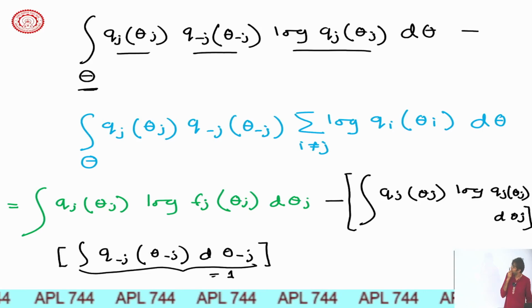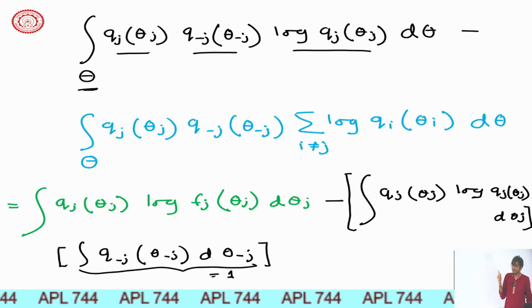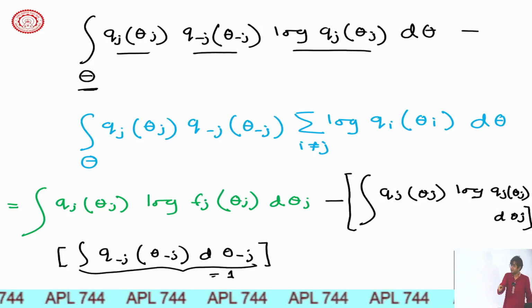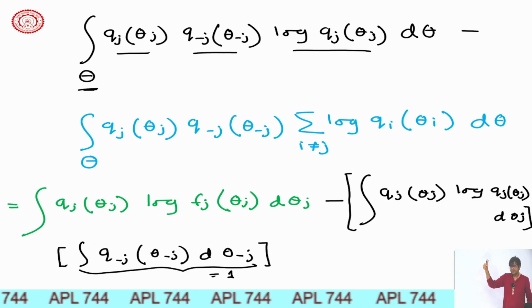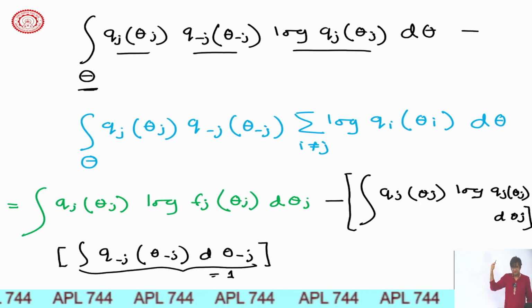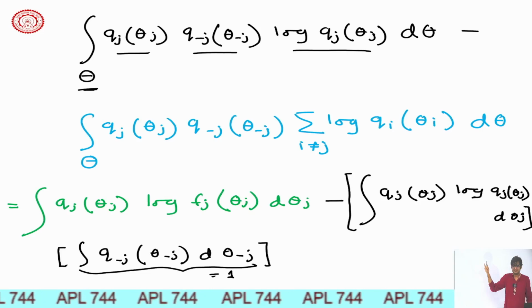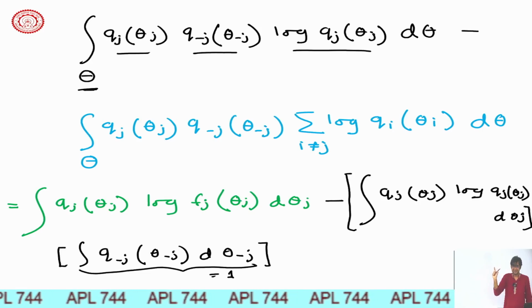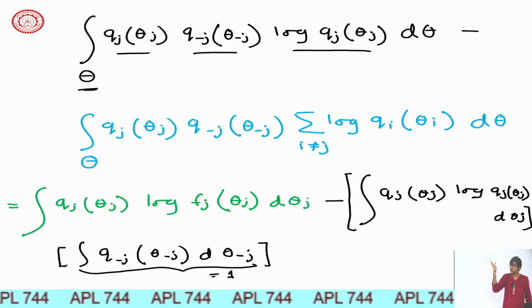First tell me what will happen to the theta j integration. 1, right? And there will be a remaining term. Will that be a function of qj? So that is like a constant. That means it is not going to be a function of qj.